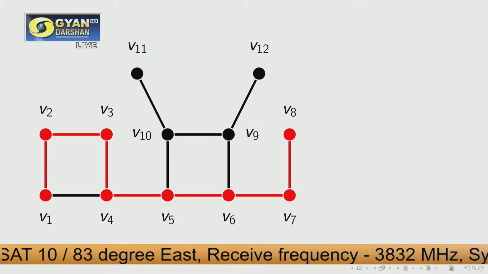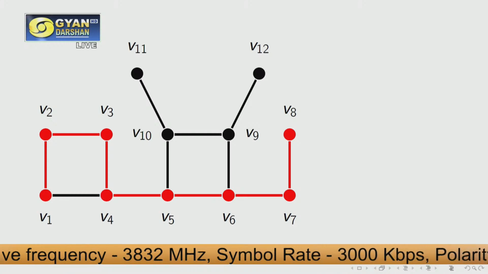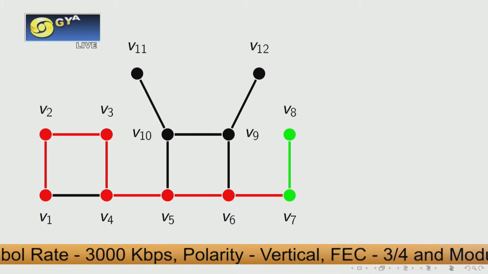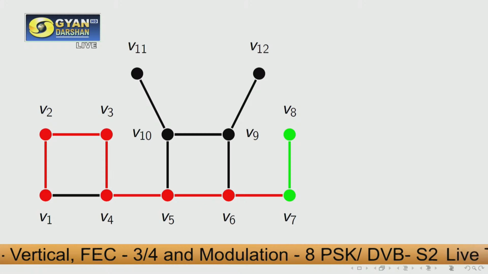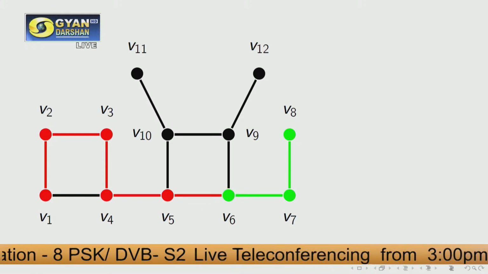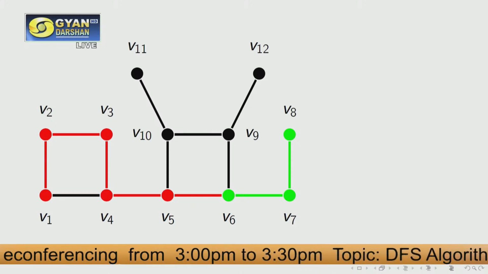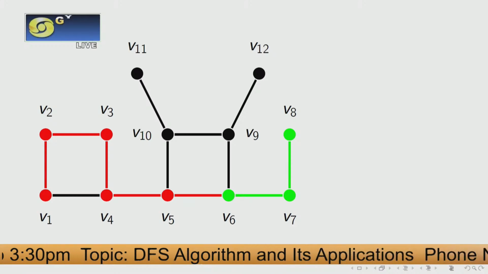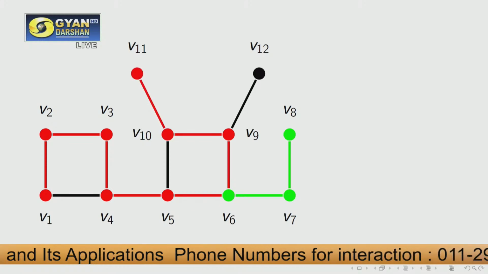So we go back to the vertex from where we reached V8, that is V7. So we backtrack to V7, and again we cannot move further from V7, so we backtrack to V6. Now at V6 there are certain vertices which are still unvisited, and we can move to them. So we go to V9, then V10, and then V11.